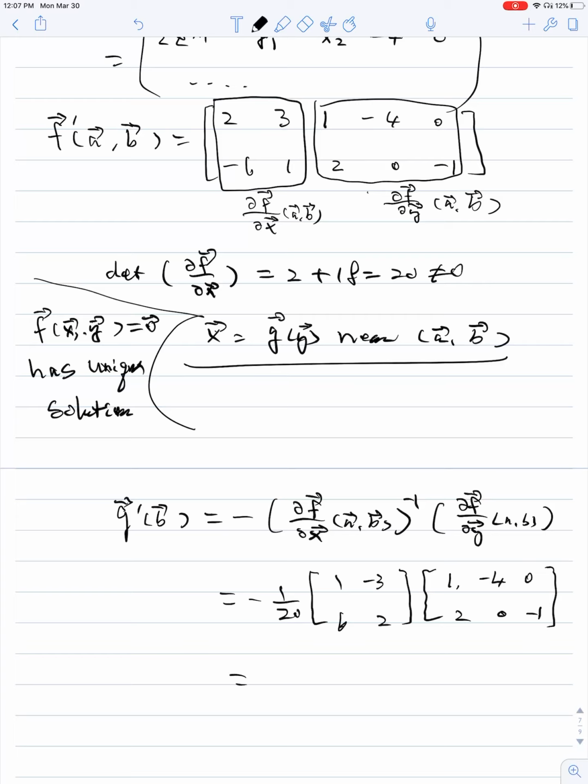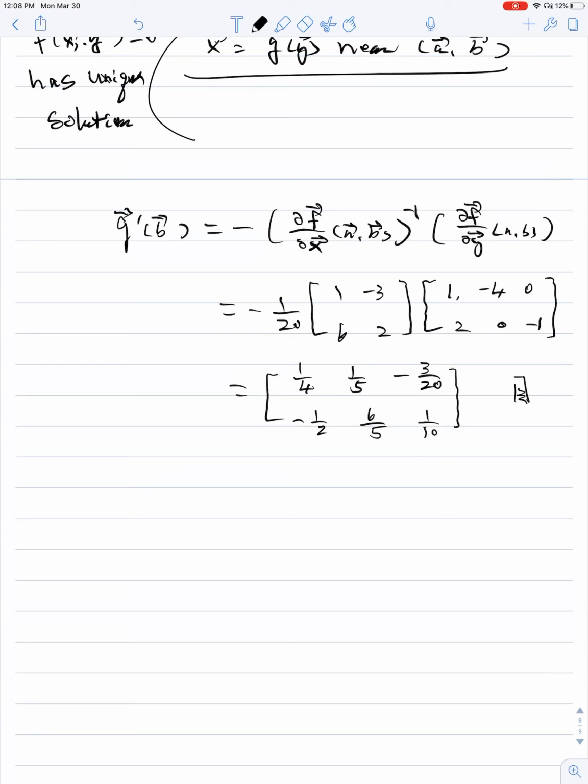You do the computation, and eventually you get this answer: 1/5, negative 3/20, and negative 1/2, 6/5, and 1/10. So this is the derivative of the solution x equals g(y), at the point B, and that is the end of this example.